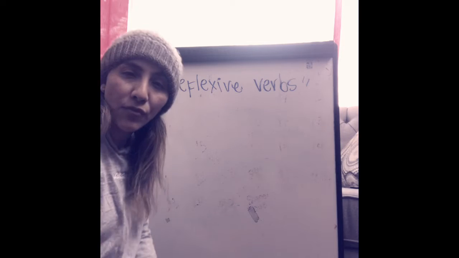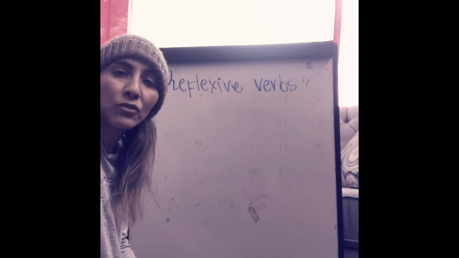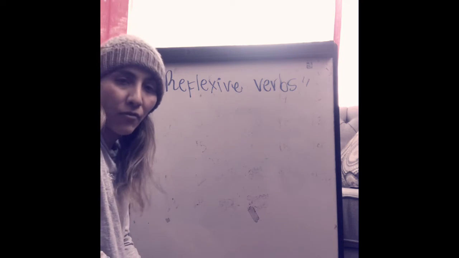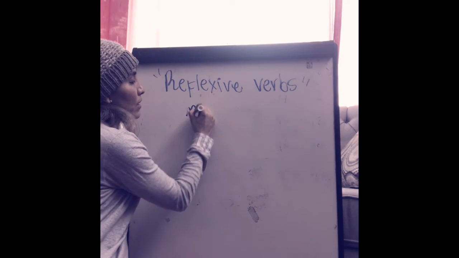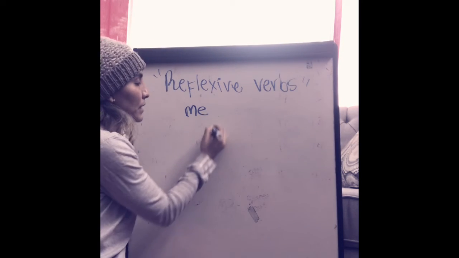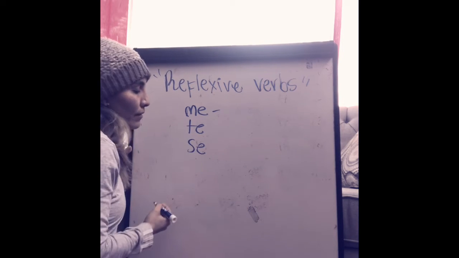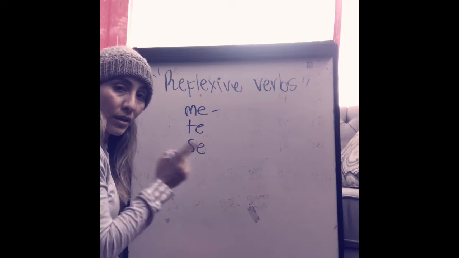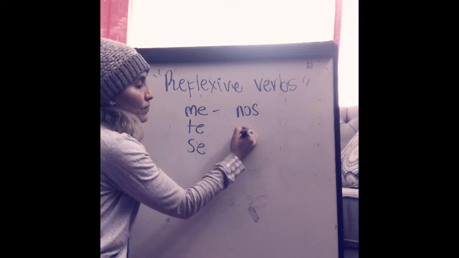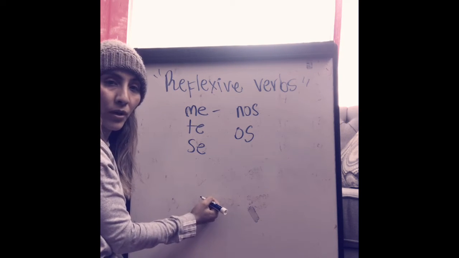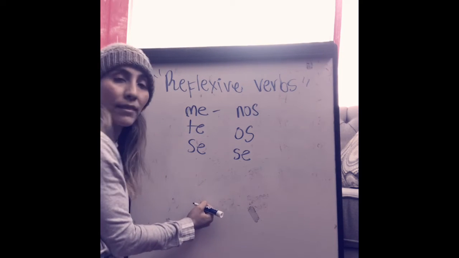How do we conjugate a reflexive verb? Something you need to remember is that we use special pronouns. When you are conjugating a reflexive verb, you will have to use reflexive pronouns. In this case, you are going to say me, myself, te, yourself, se, himself, herself, yourself, and then we have nos, ourselves, os, for you in Spain, and then we have the last one, se, which is themselves.